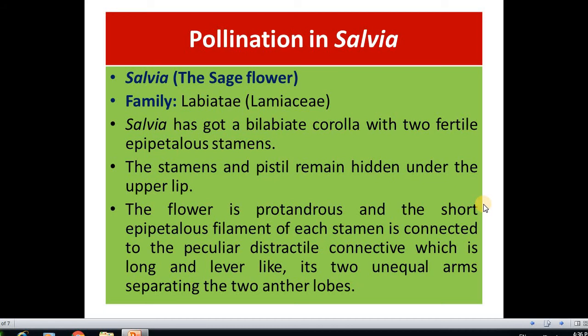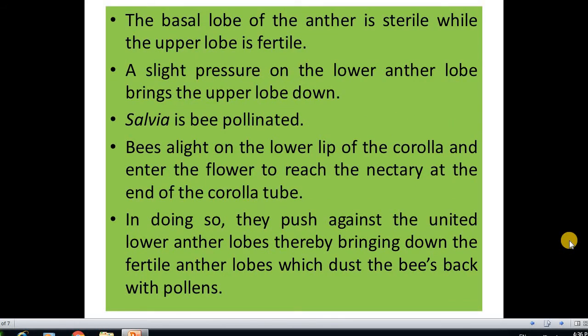The short epipetalous filament of each stamen is connected to a peculiar distractile connective which is long and lever-like. Here the lever mechanism can be seen. It has two unequal arms separating the two anther lobes.